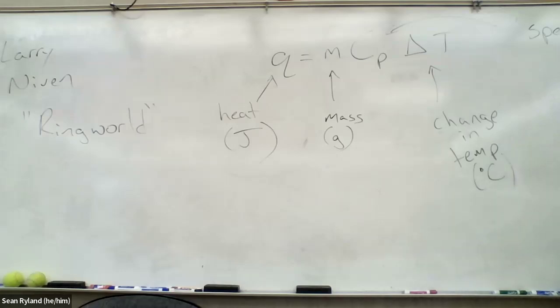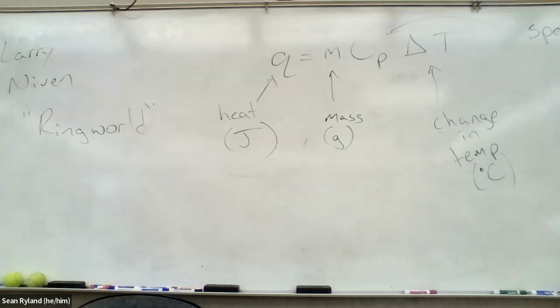So our unit on specific heat is usually an energy unit over grams degrees Celsius, which looks like a weird unit, but it actually makes sense when you think about the definition of a calorie. That definition was the amount of energy it takes to raise 1 gram of water 1 degree Celsius.